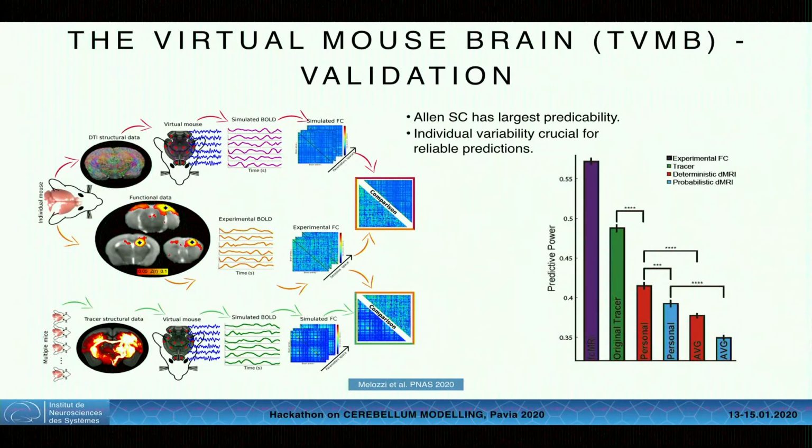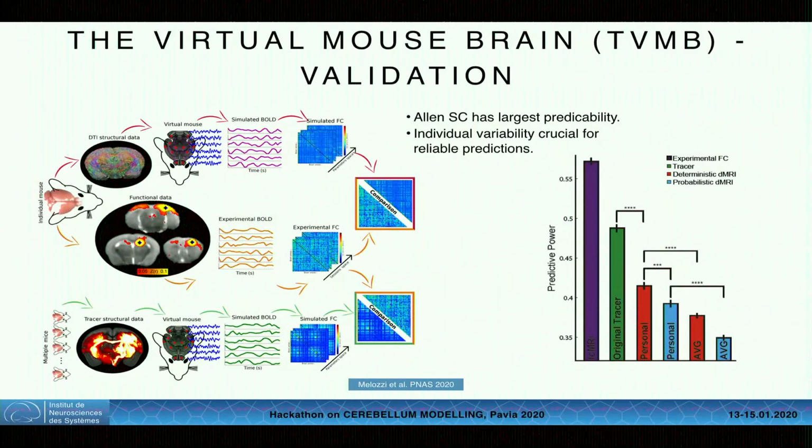And for each of these animals, the personalized DTI connectivity was obtained. And then we tried our best to model the observed resting state functional connectivity for each animal using their own connectome and using the Allen connectome and using different surrogates, to see why the one is better, what is the reason.